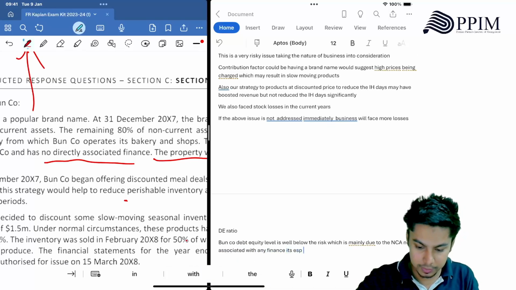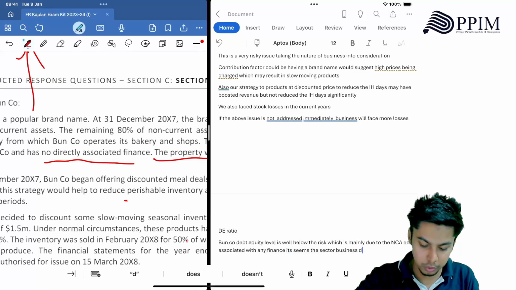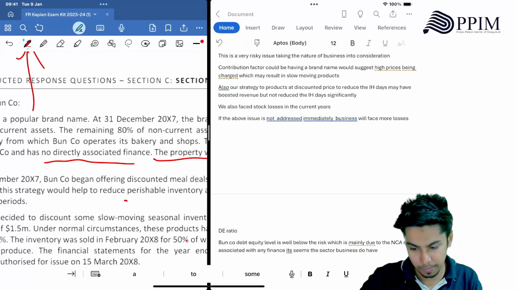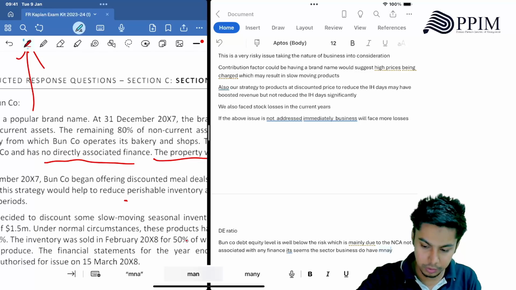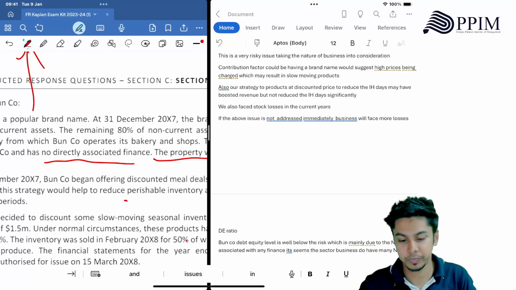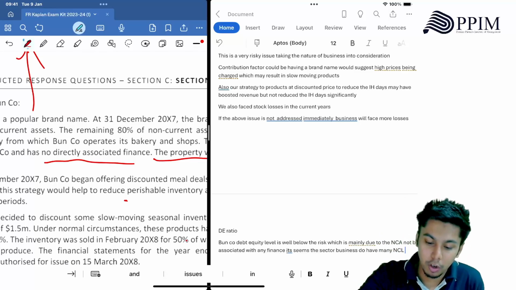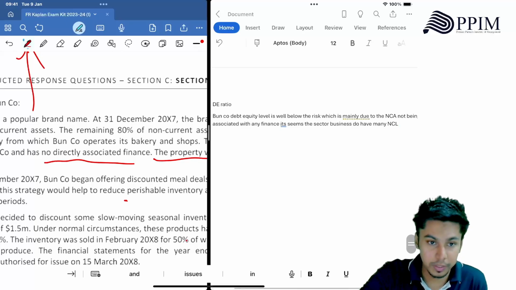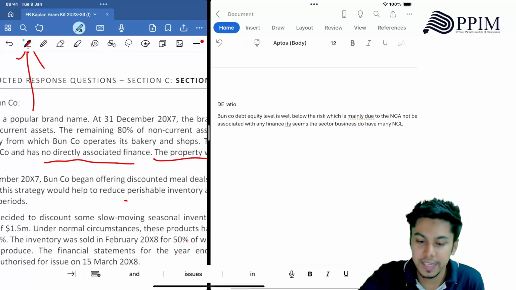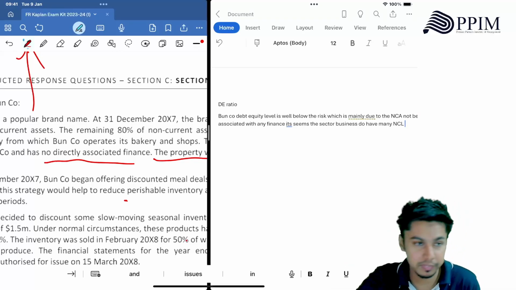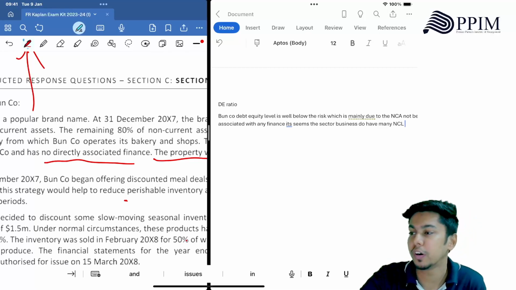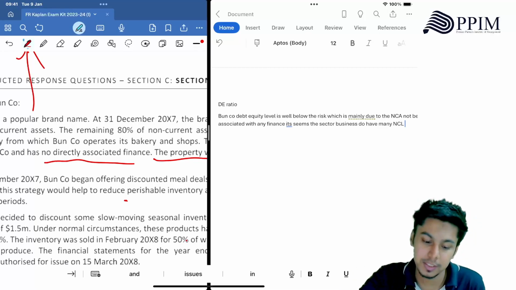It seems like the sector businesses do have many non-current liabilities. So remember, our long-term risk is very low. Though we have one loan, we are half of the sector only. So that's a very good thing.